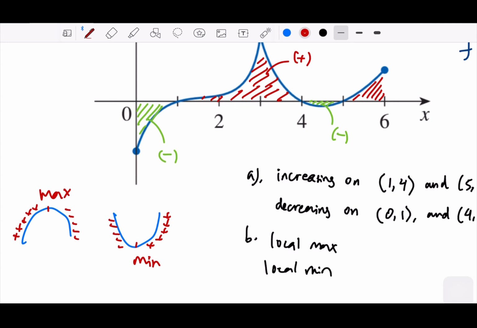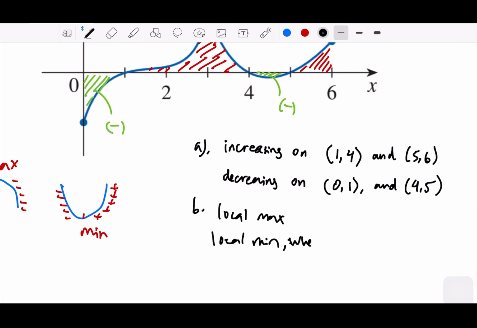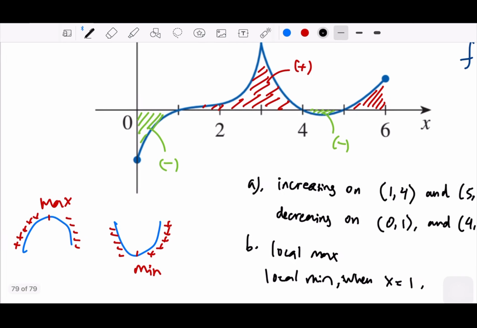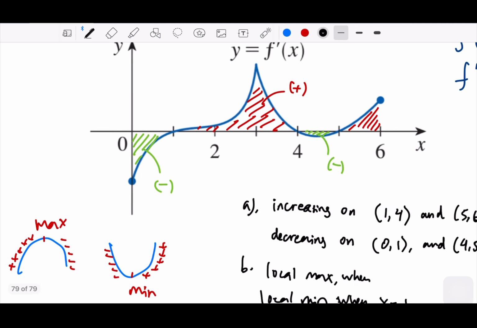So minimum is when x is equal to 1, and then we also have a change from positive to negative at 4. Positive to negative means max. So 4 is max.